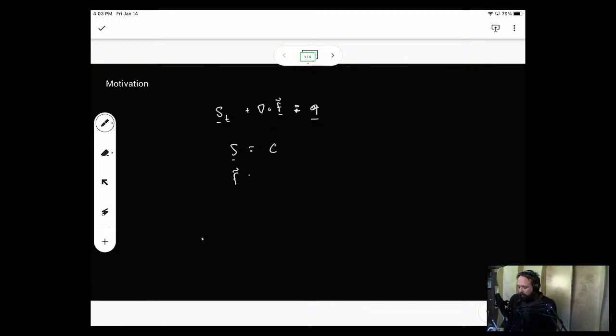The flux for something like that would be a velocity field times that concentration. If you're also doing diffusion, you might add in a diffusivity coefficient multiplied by a gradient of that vector as well. And then your sources could be any type of source that gives you an introduction of that tracer into your system.